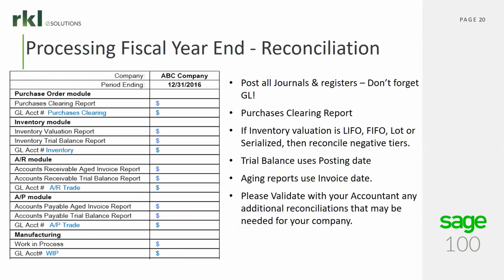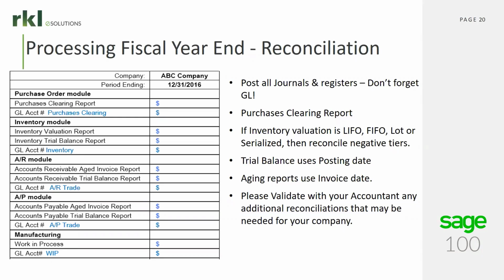You'll want to post all of your journals and registers, including your journal entries in General Ledger. For your purchase order module, under the period end menu, run your purchases clearing report and verify that all of the line items pertain to partially received and/or partially invoiced purchase orders.